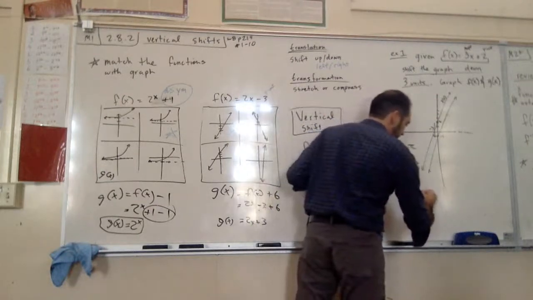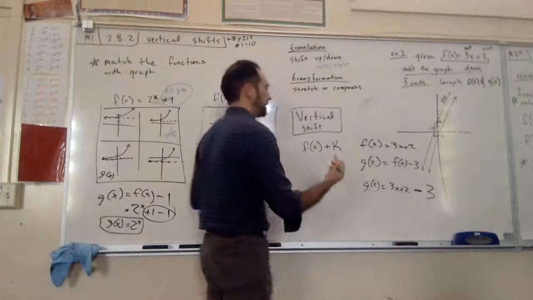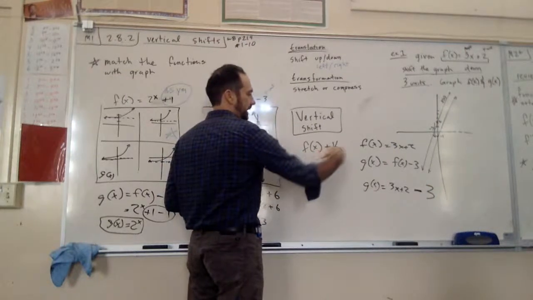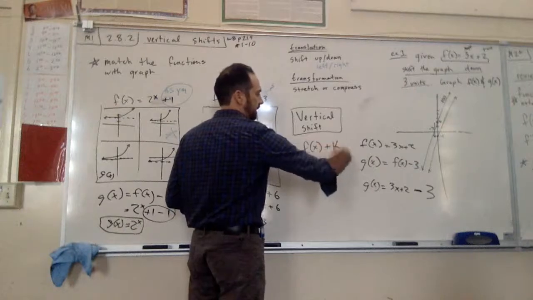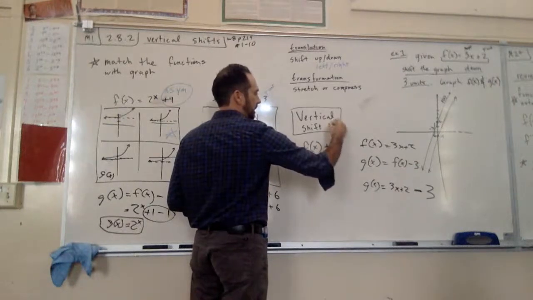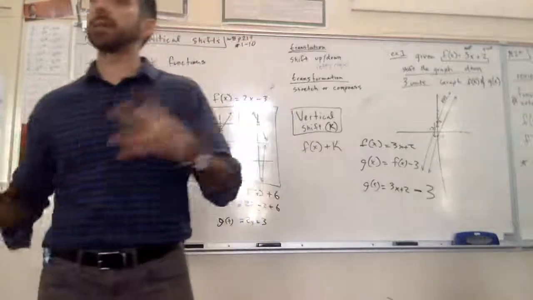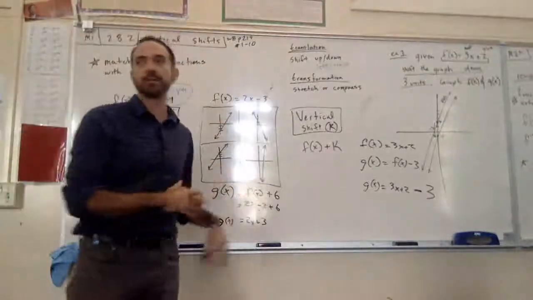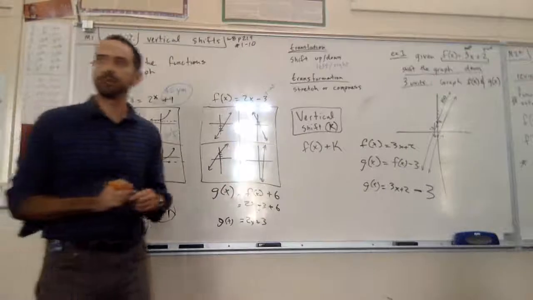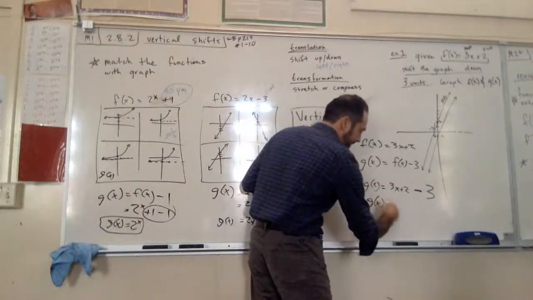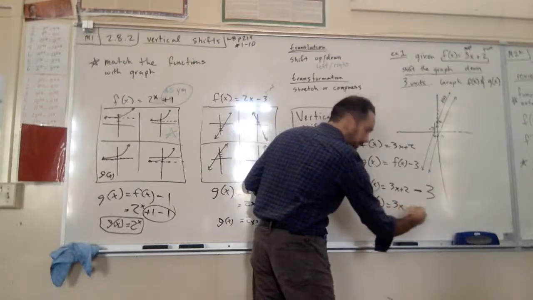Minus 3. In this case, if we're using this model, it's f of x plus k. The k value in this case is -3. The k value is our vertical shift. And the k is going to come up again, but in this context, we're just saying that's our vertical shift for this. So, what do we end up with? 3x?